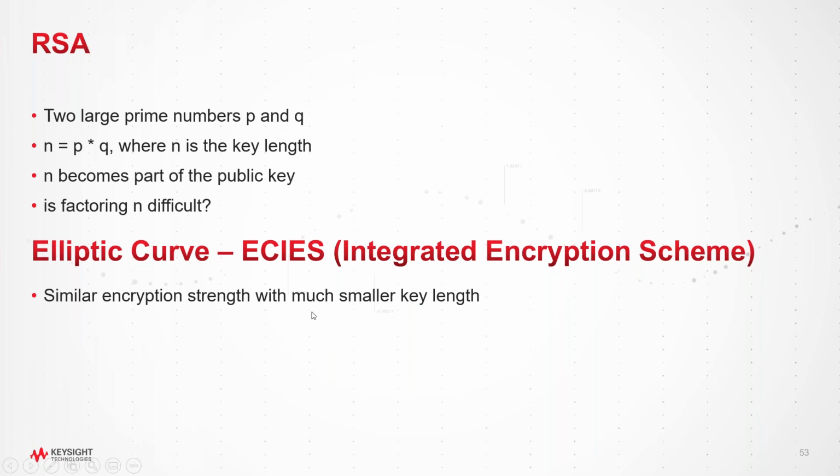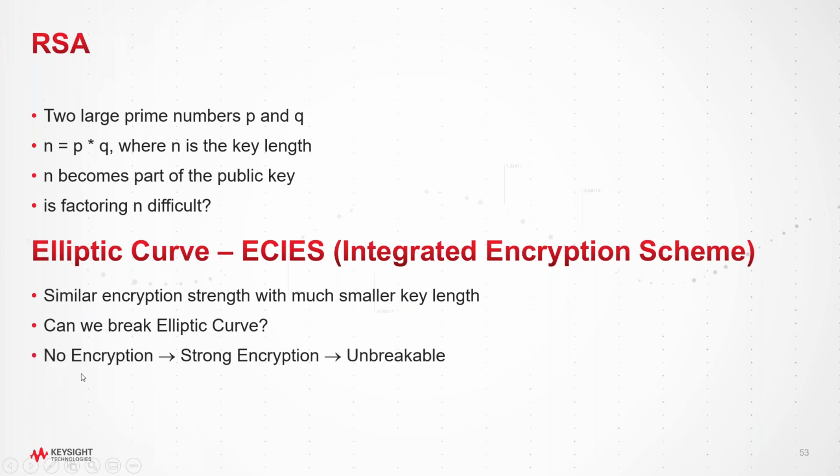So for the same amount of encryption strength, you can use smaller keys. That means that if you use the same size key, of course, you get much stronger encryption with an elliptic curve. Can we break elliptic curve? Okay, so what I'll say is elliptic curve is considered strong encryption. Okay, or you have two extremes.